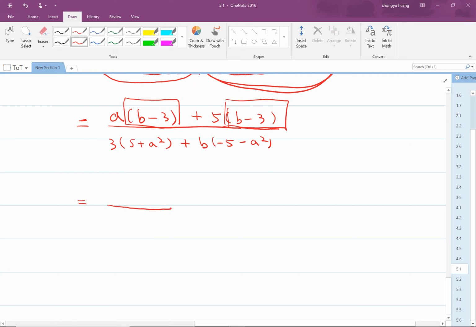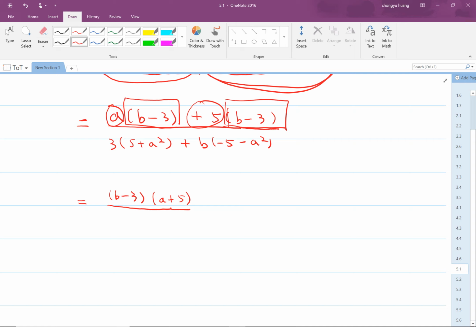You can see on the top we have b minus 3 as a common term, the greatest common factor, so you can write down a plus 5. Over here we have a and then a plus 5. Now we completely factor out the numerator.